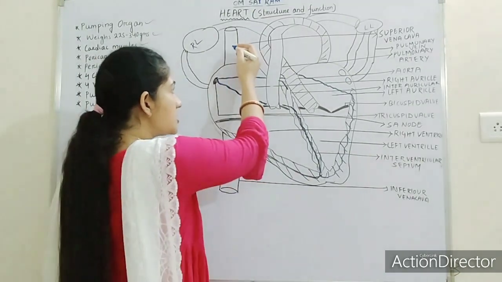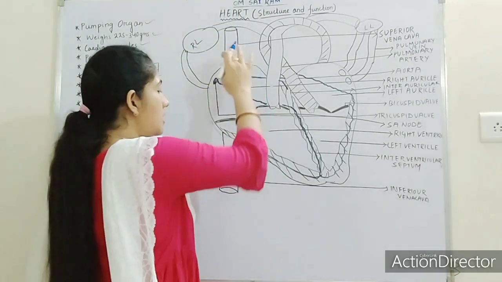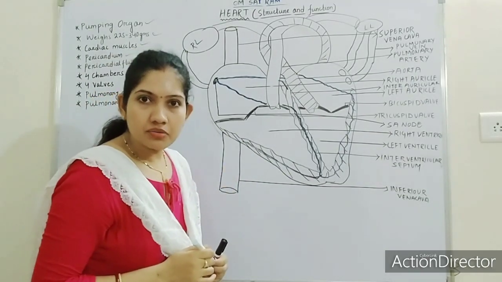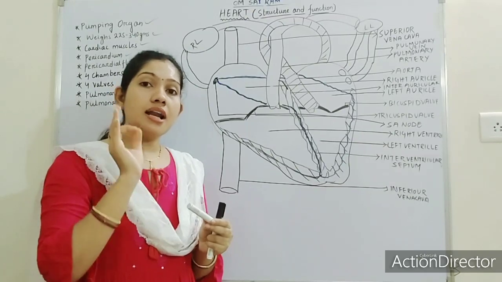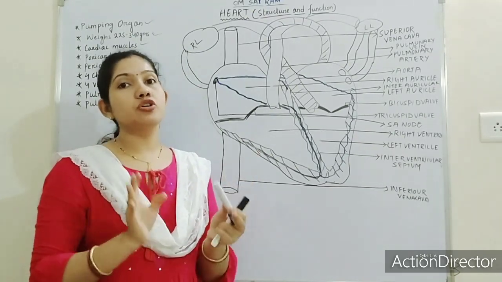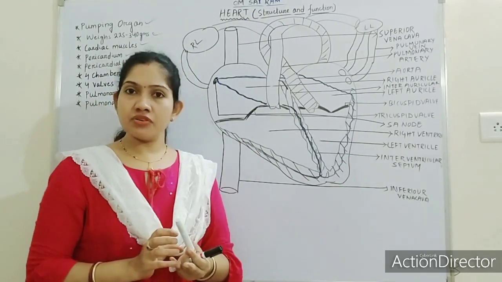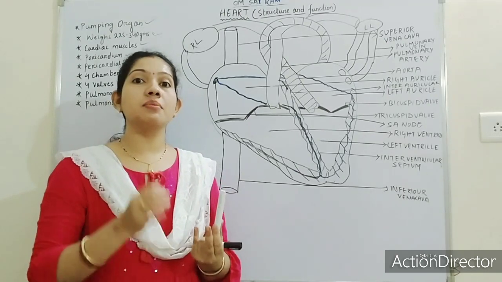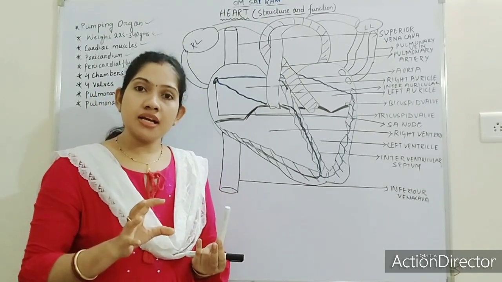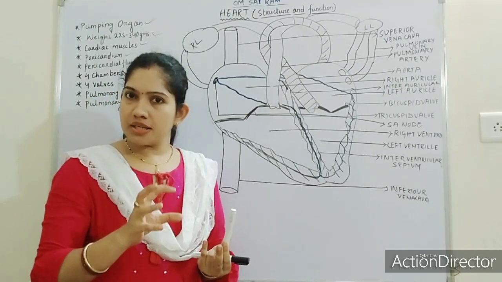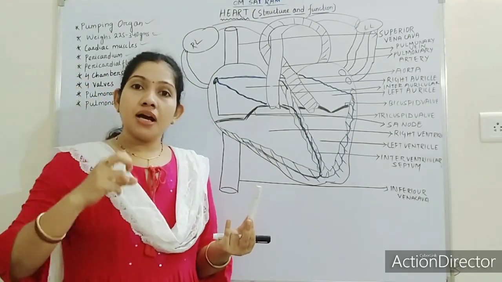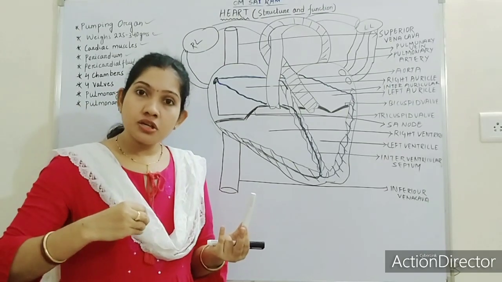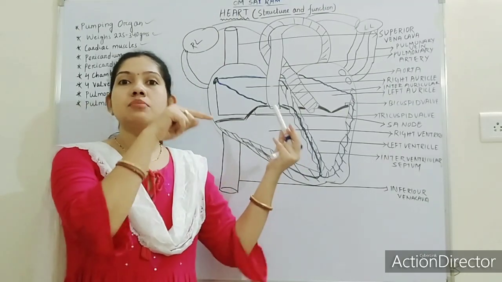Let us start with the first one, the superior vena cava and inferior vena cava. They are the largest veins in the human body. Their main function is to collect the deoxygenated blood, the blood which contains more waste, so that it can be purified.